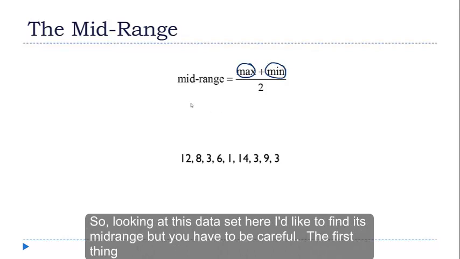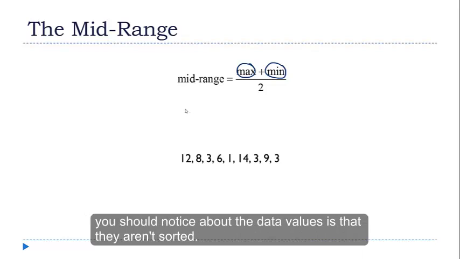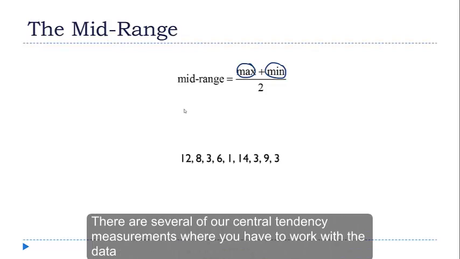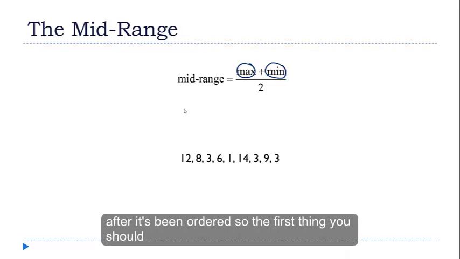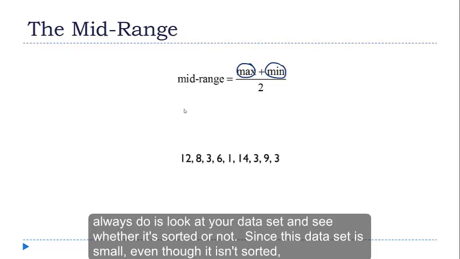So looking at this data set here, I'd like to find its mid-range, but you have to be careful. The first thing you should notice about the data values is that they aren't sorted. There are several of our central tendency measurements where you have to work with the data after it's been ordered. So the first thing you should always do is look at your data set and see whether it's sorted or not.